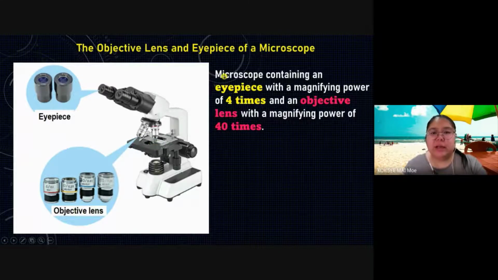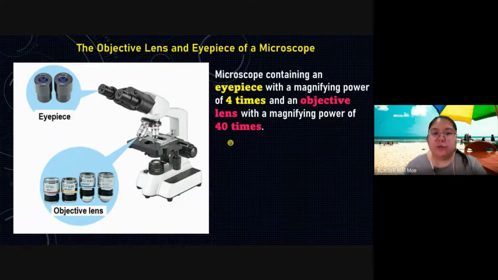From here they say, microscope containing the eyepiece with a magnifying power of 4 times, and the objective lens with a magnifying power of 40 times. Wow. So that means the objective lens is very, very focusing. They make it very zoomed, making the power 40 times.